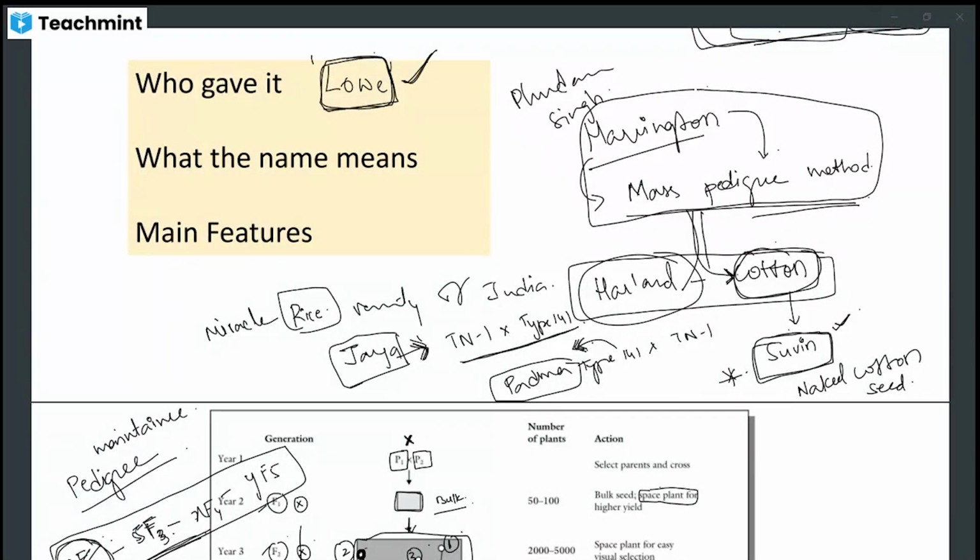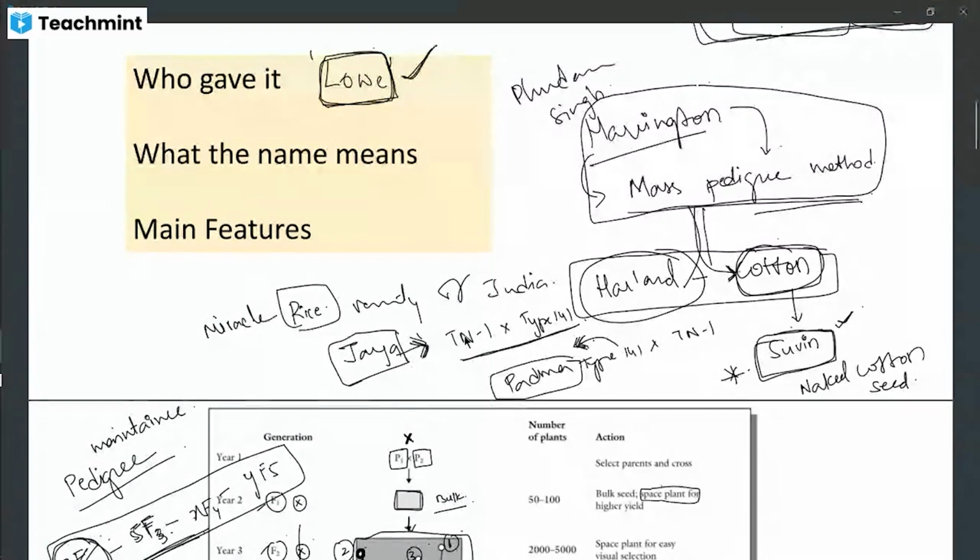Parentage is most important, particularly in Jaya and Padma. This was asked many times in both SRF as well as JRF. The parentage of Jaya is Taichung Native 1 into Type 141, and Padma is Type 141 into Taichung Native 1. They may also confuse you by giving TN141 into Type 1.